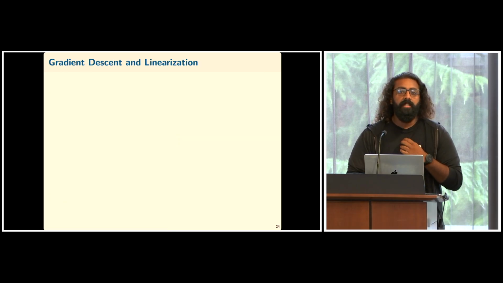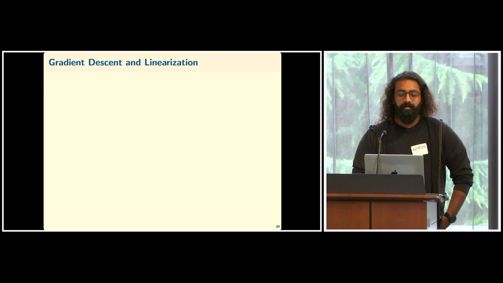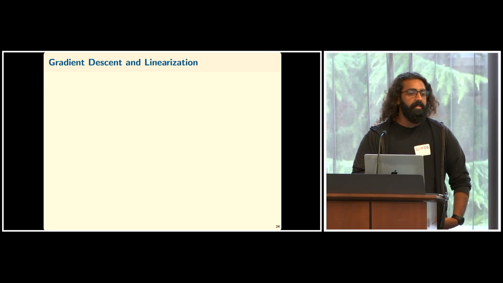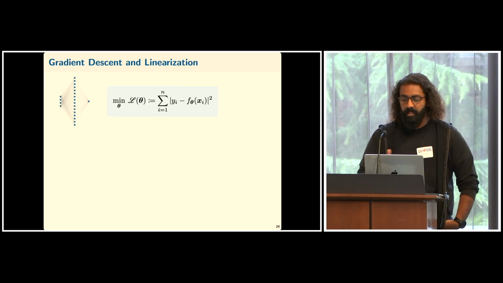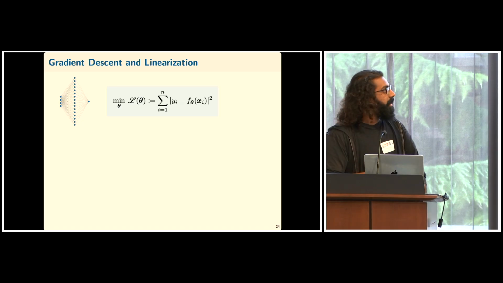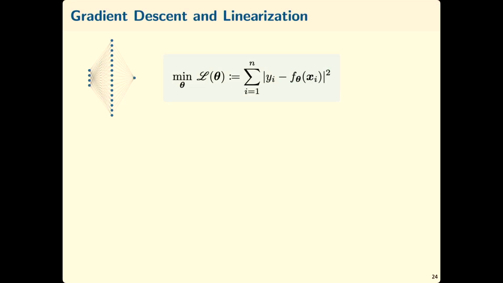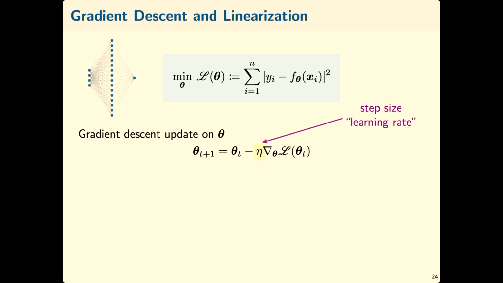And the basic idea behind all of this is linearizing the gradient descent dynamics so we can actually study them. So again, we're looking at this objective here, just least squares loss, a non-convex optimization problem. If we write down the gradient descent update on theta, it looks like this, eta again being the step size or learning rate. Directly analyzing this is kind of hard, so let's linearize the dynamics.